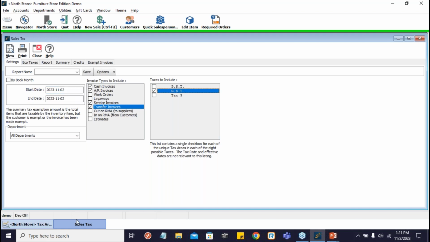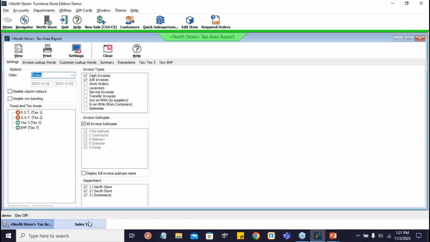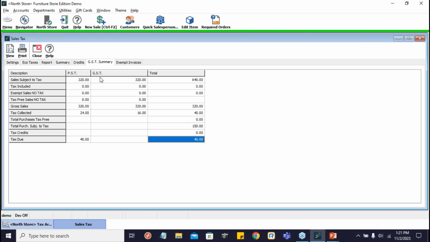This tax zone shows tax due. This tax area doesn't have that tax due. So yeah, it's still showing the taxes collected and other info.